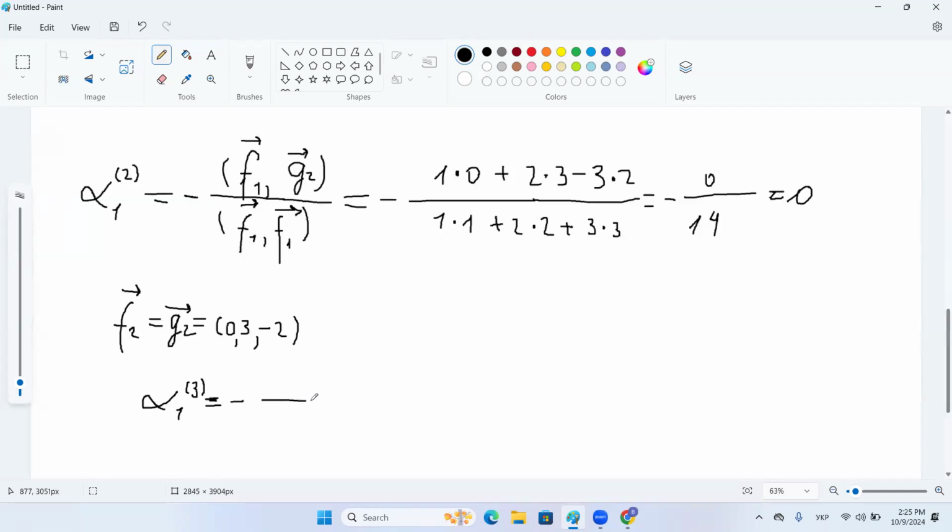So the next expression: f1 multiplied by g3 and divided by the scalar product of f1 by itself.